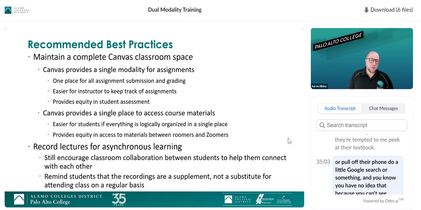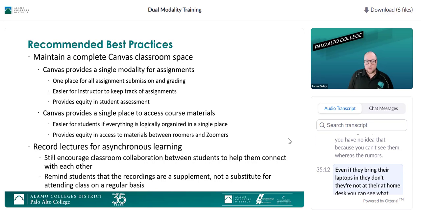Whereas the roomers, even if they bring their laptops in, they're not at their at-home desk. You can see what they're looking at, so they don't have that same opportunity, dare I say, to find extra help. And even though technically the Zoomers would be cheating, again, we can't really control that, right? That's something that's well outside of our control.